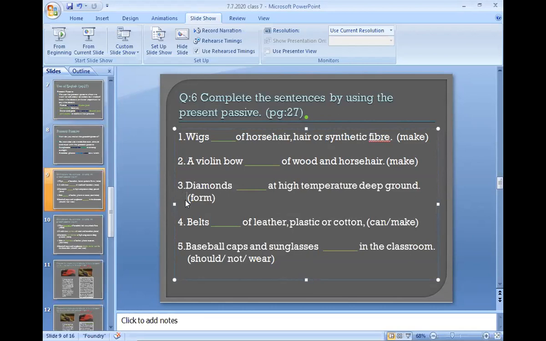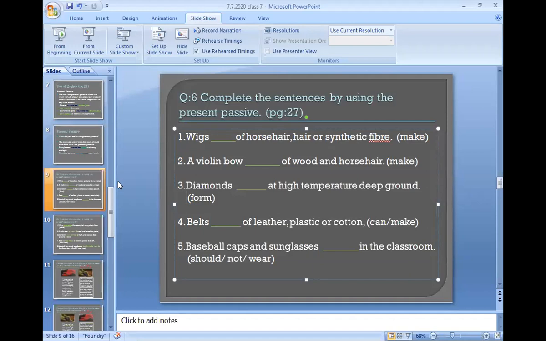Diamonds dash at high temperature deep ground. You can use can and should also. Okay, just write your answers. Can be, okay. We will see. And how are we going to change the form? Formed. Good.